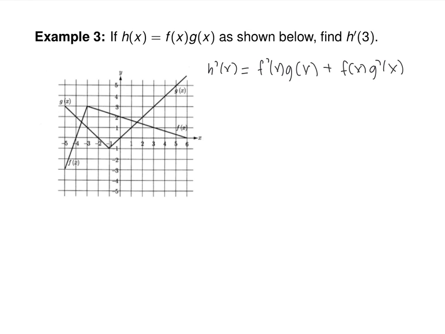Okay, so h prime of 3 is f prime of 3 times g of 3, plus f of 3 times g prime of 3. I'm gonna make g red so you can see g better.